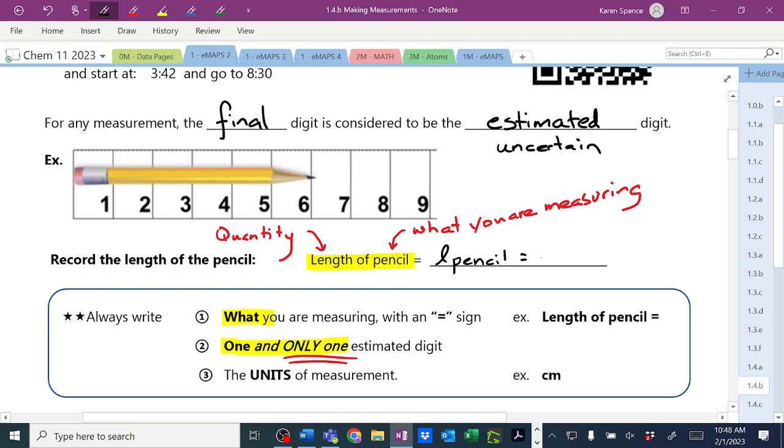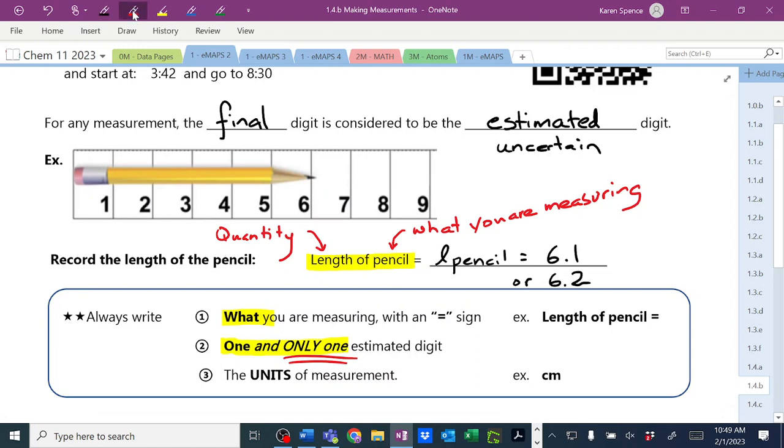I heard some 6.1s, I heard some 6.2s. You could write 6.1 or you could write 6.2. And that's because that final digit is estimated. It is uncertain. It could be higher or lower by one digit.